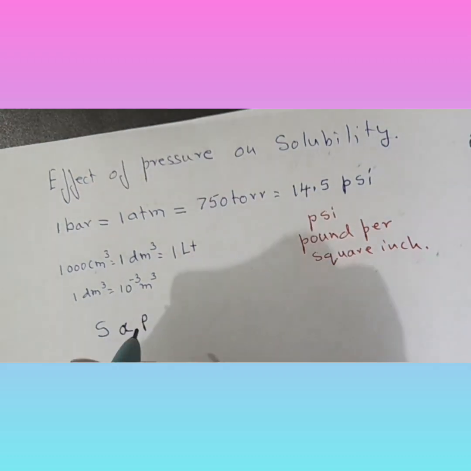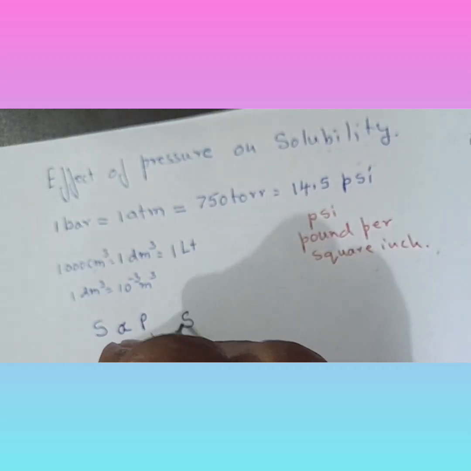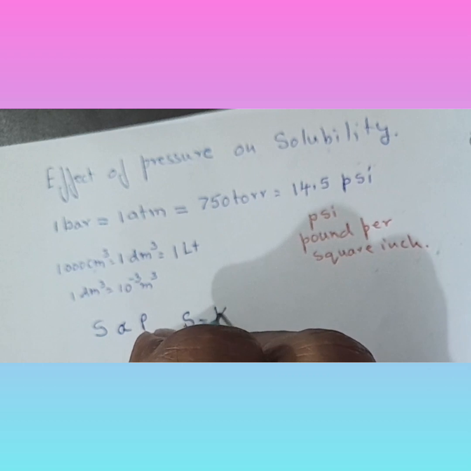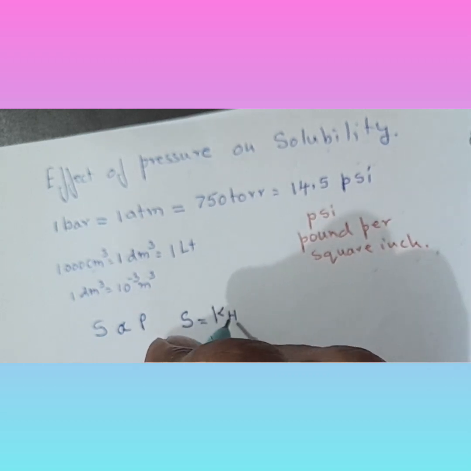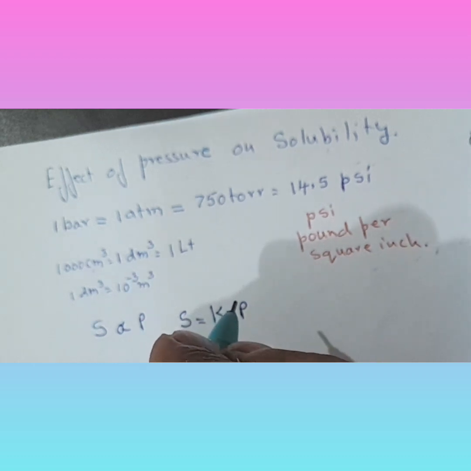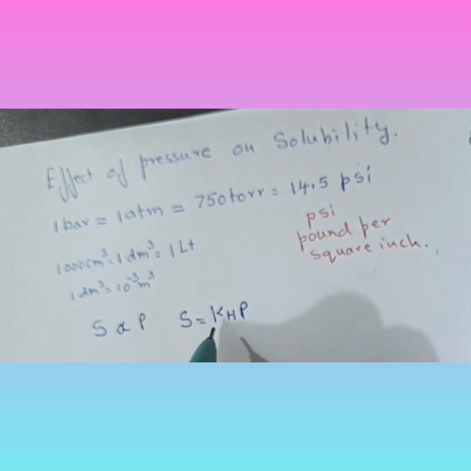And we also know when the proportionality sign goes, we get one constant, and that constant is K subscript H. Obviously H is for Henry and P is pressure. So this is Henry's proportionality constant. So S is equal to KH into P.